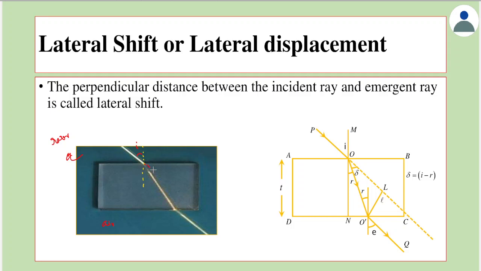Light wouldn't have been deviated. But because of the presence of the glass slab, light is refracted. So in the first boundary, light would bend towards the normal. Let this angle be called the angle of refraction R.